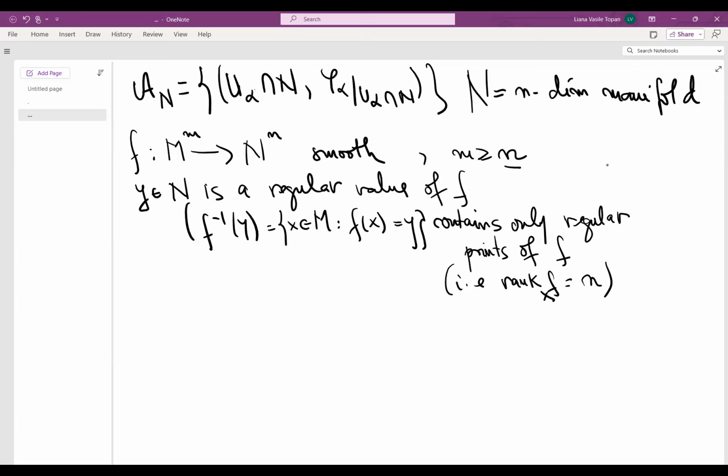Now here this will be n. So this simply means that F is a surjection at that point.